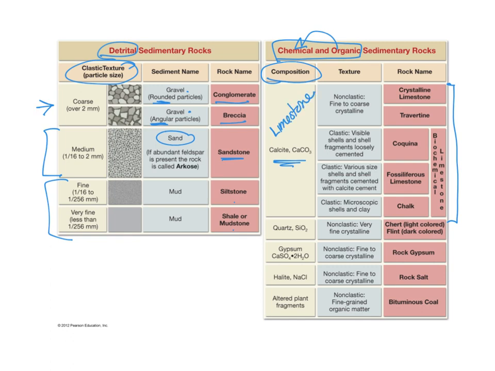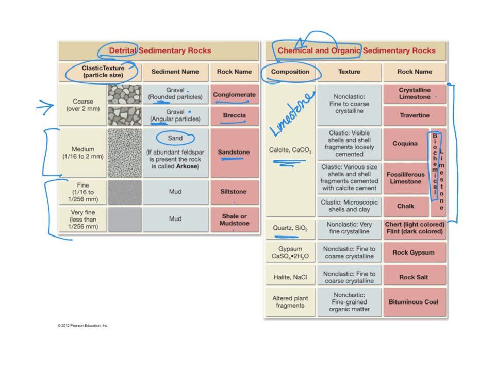So they've got crystalline limestone, travertine, coquina, fossiliferous limestone, chalk. We talked about all of those. As far as I'm concerned, you can just call them limestone. You don't have to remember the differences between the different types of textures you get with these different limestones. The only thing you do have to remember is that if you can see shells in it, it's biogenic, or what they call biochemical. If you don't see shells, it's crystalline and inorganic.